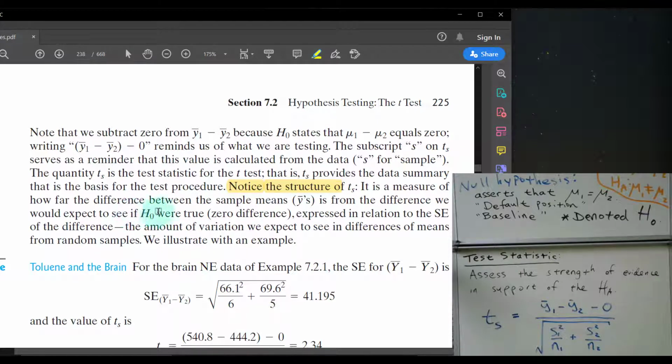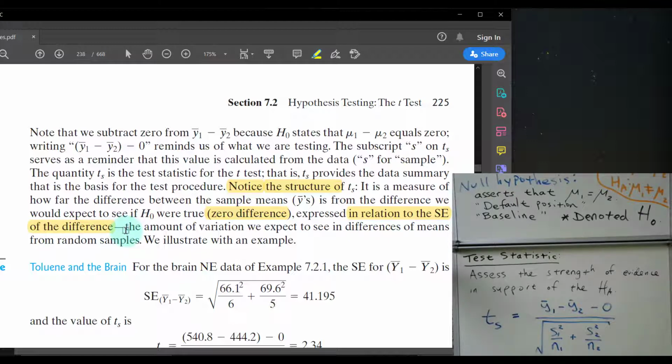This is referring to the minus 0. We can just omit writing it, but it is a reminder of what is being tested against. And this is expressed in relation to the standard error of the difference.